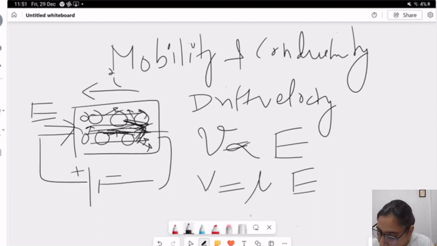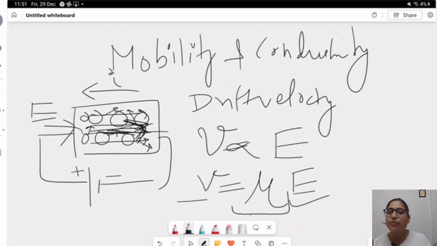Now we have few terms to understand here. V is the drift velocity. Electron is achieving the drift velocity after applying the electric field, and they are coming into a particular steady state condition. This drift velocity is directly proportional to the electric field, and this drift velocity is considered as mu into E, where mu is the mobility of the electron.